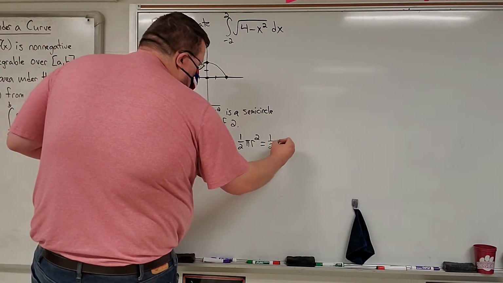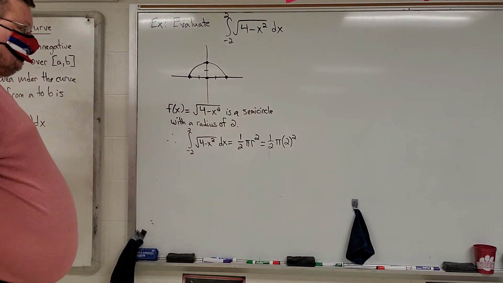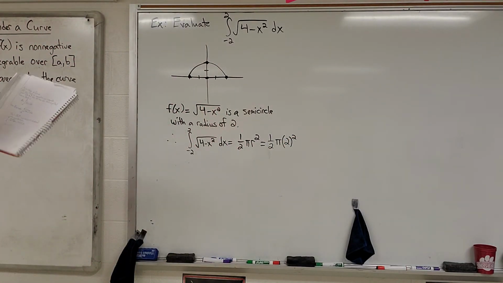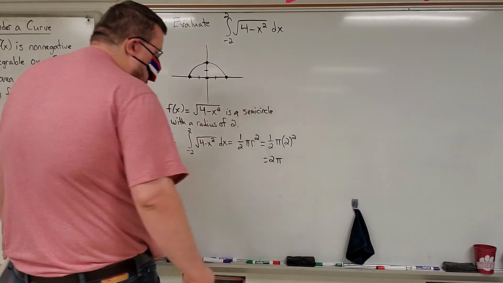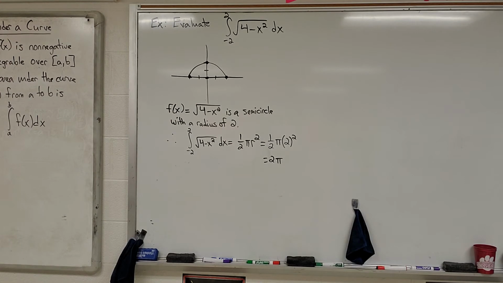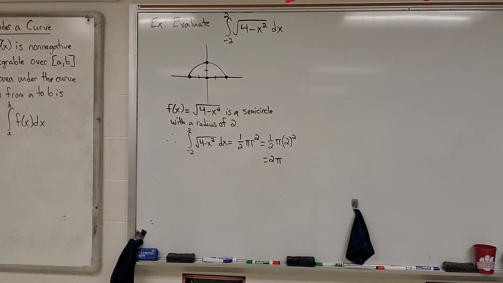So half of pi times the radius of 2 squared. And that gives you 2 pi as your answer. So that integral is equal to 2 pi. Okay, that is an exact answer actually. So we did find an exact answer today for this.